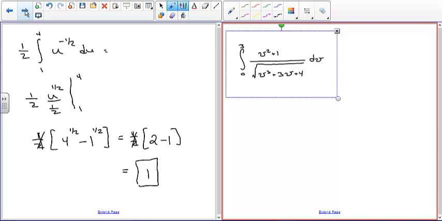So let's see if you've done it right here. Okay, you're using x, which is fine. That's good.